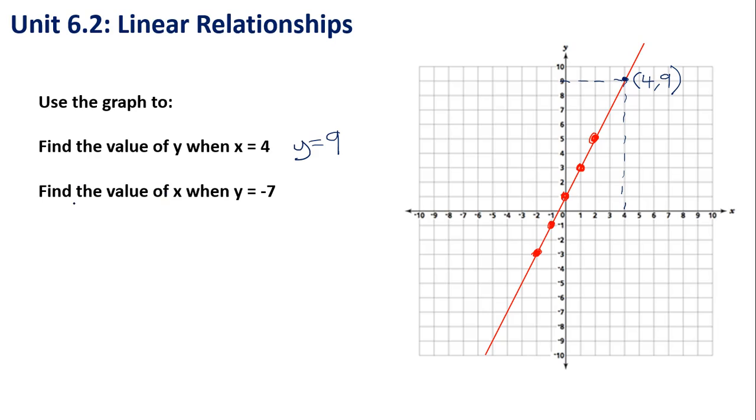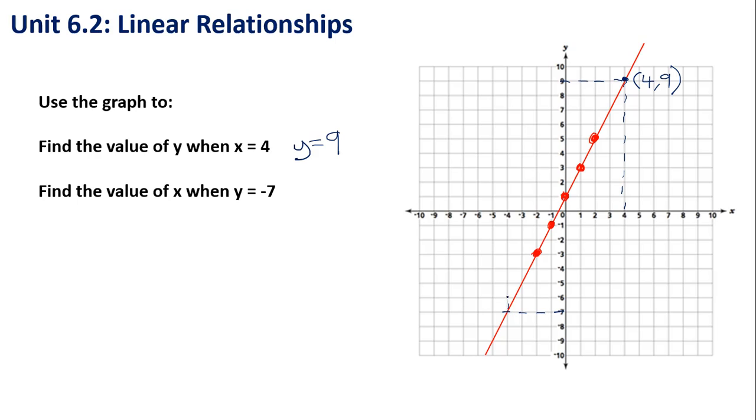We can do the same thing when we want to find an x value, when y equals -7. On the y-axis now, we've got to find -7, so we go down to -7. Then where on our graph does y equal -7? We go across from the y-axis, and it's at this point here.